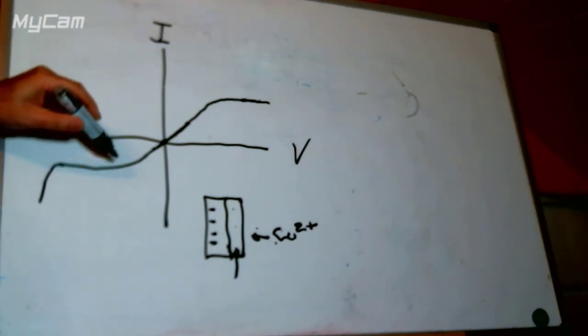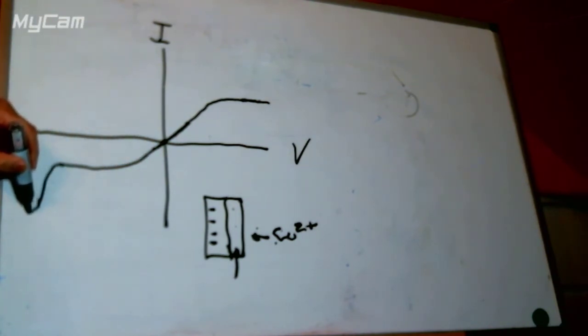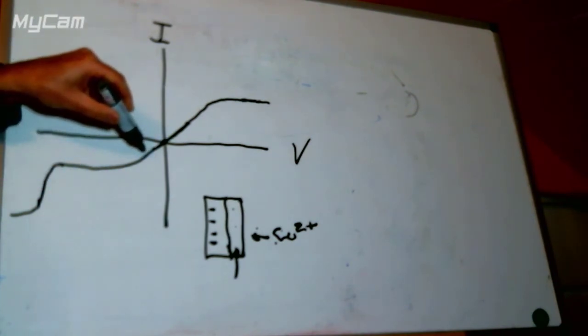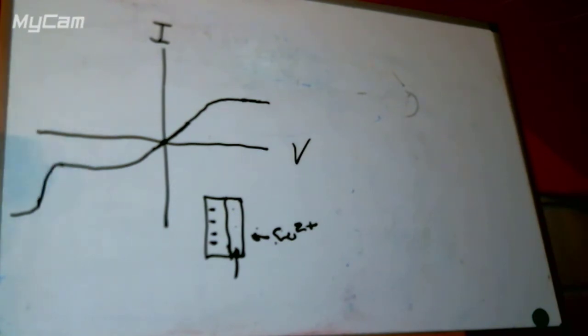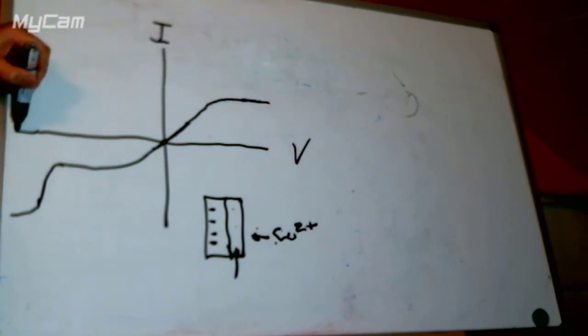So we've got copper 2+ depositing, and then we have zinc 2+ depositing on top, or at the same time, because this one doesn't stop. So we've got zinc 2+ also depositing at a higher negative voltage. This is what we're controlling. The x-axis is typically what you control. I, the current, is what you measure.